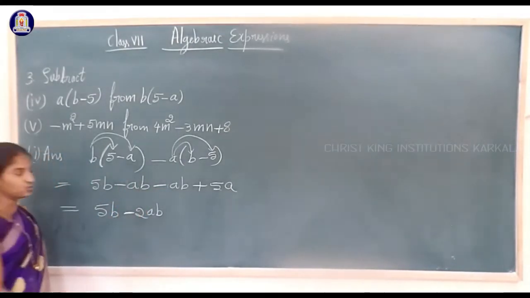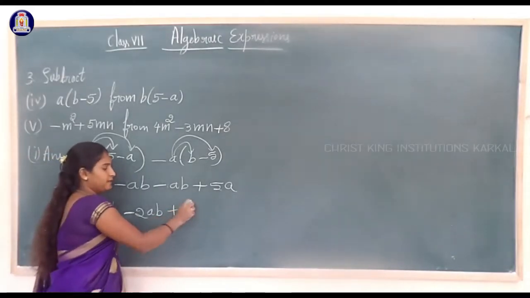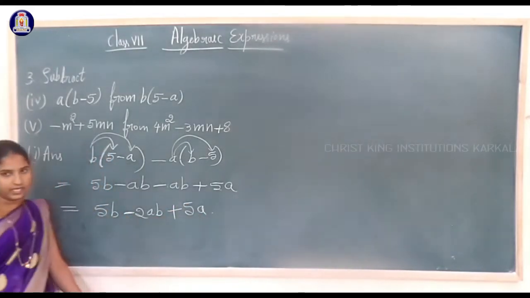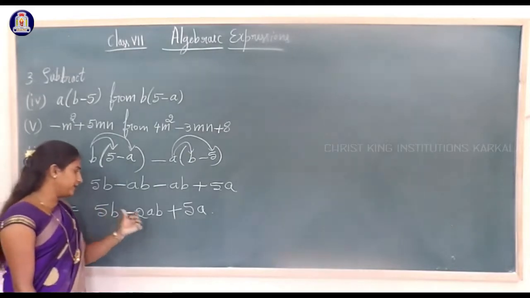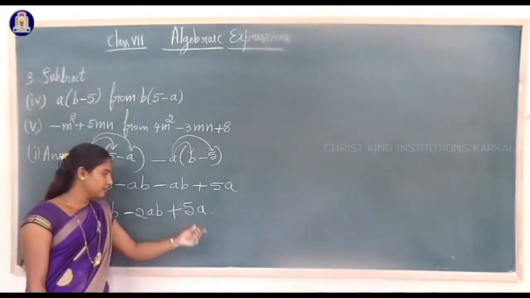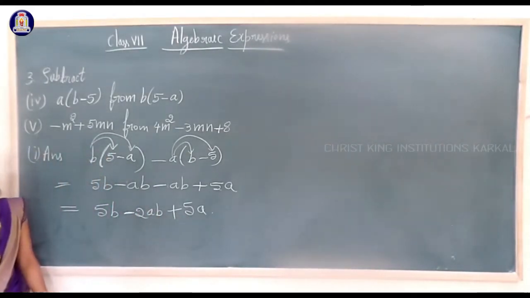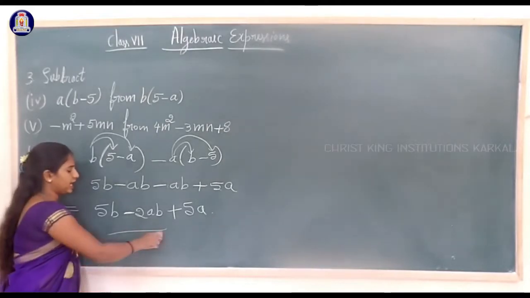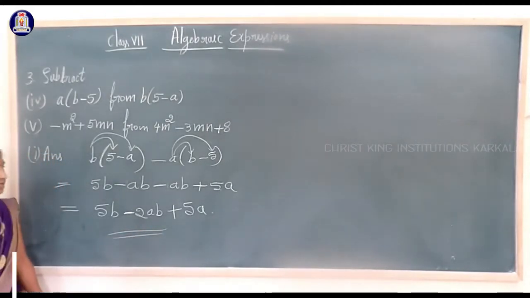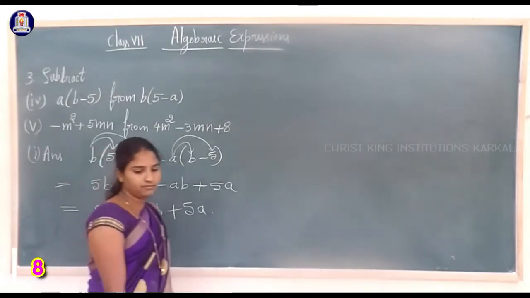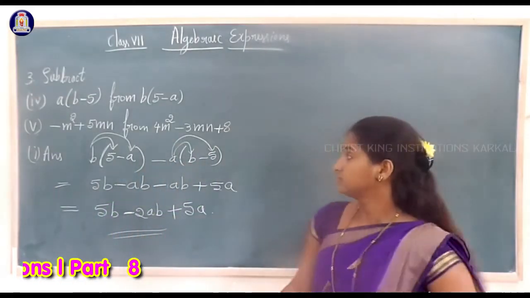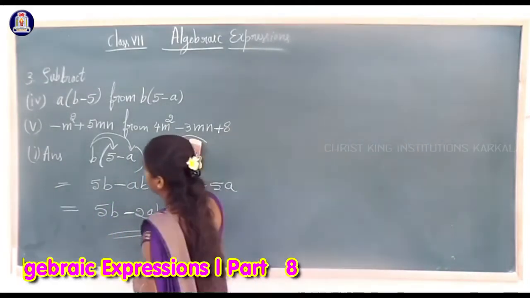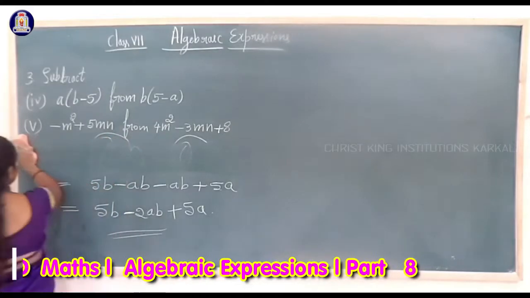So minus 2ab and plus 5a. So plus 5b minus 2ab plus 5a, they are unlike terms, so we cannot add these three. So this is the final answer. This is the fourth question answer.